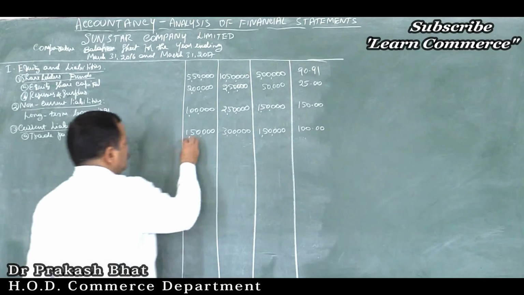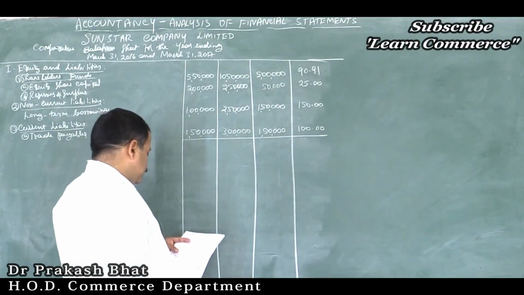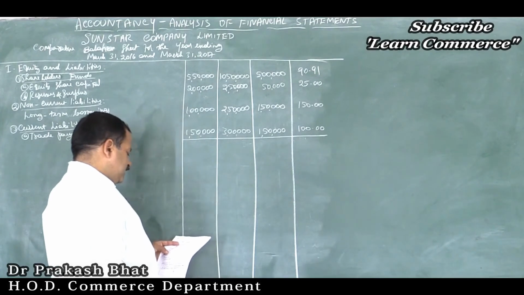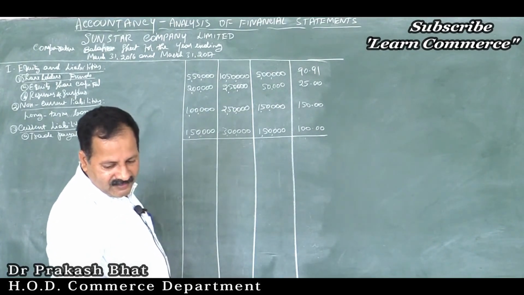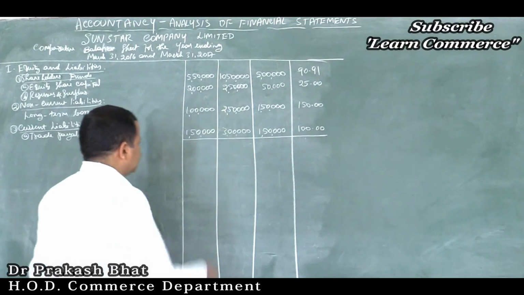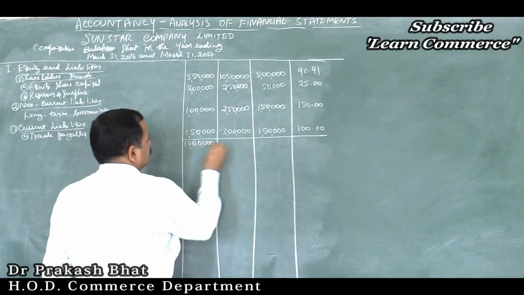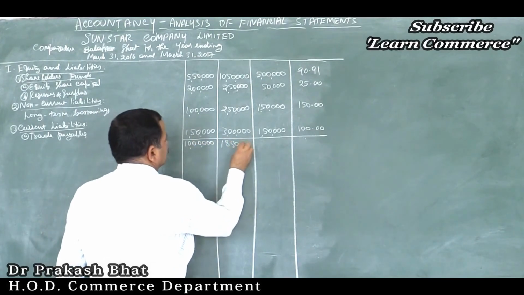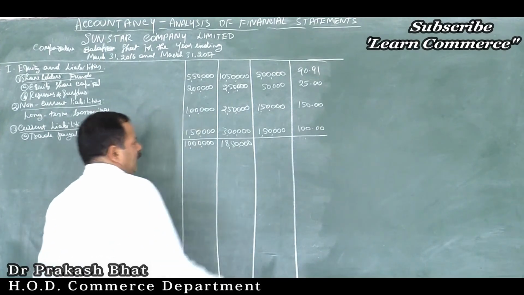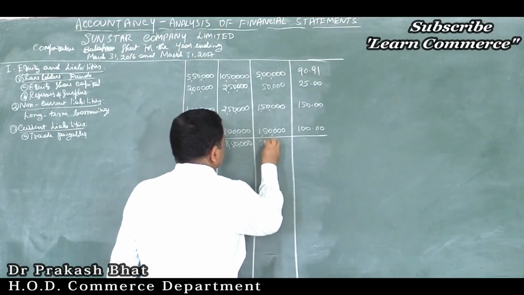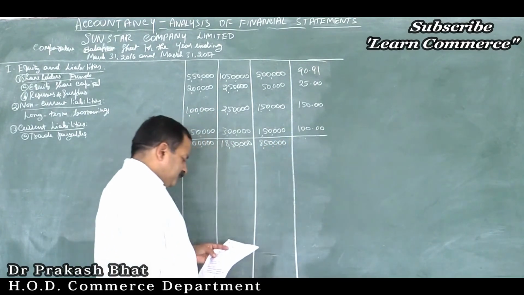Write the total. How much is the total? So total of equity and liabilities, 10 lakh and 18,50,000. Is that correct? Yes, it is. So write it. 18,50,000. So it will be 8,50,000 increase. So it is 85%.